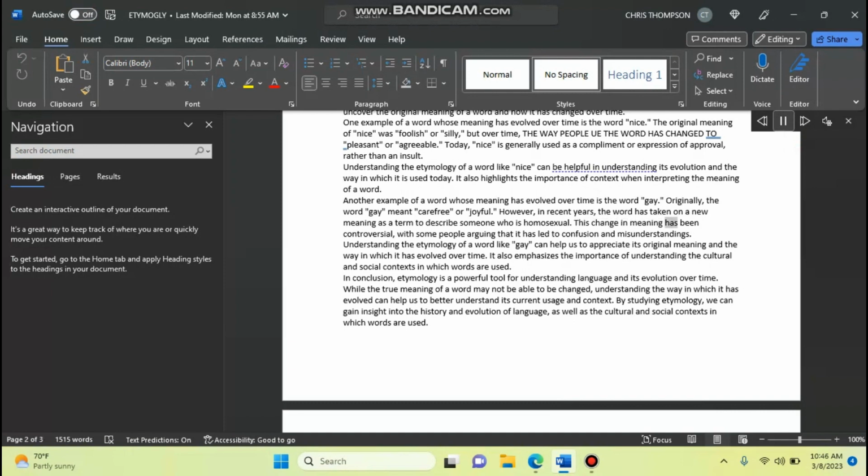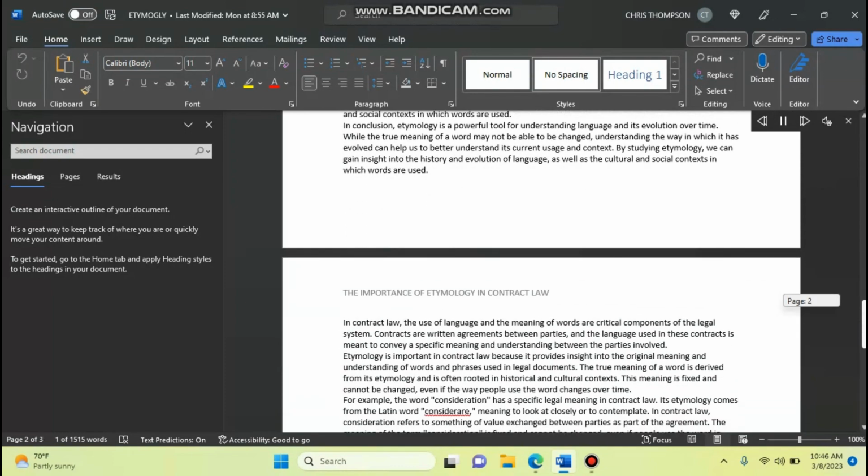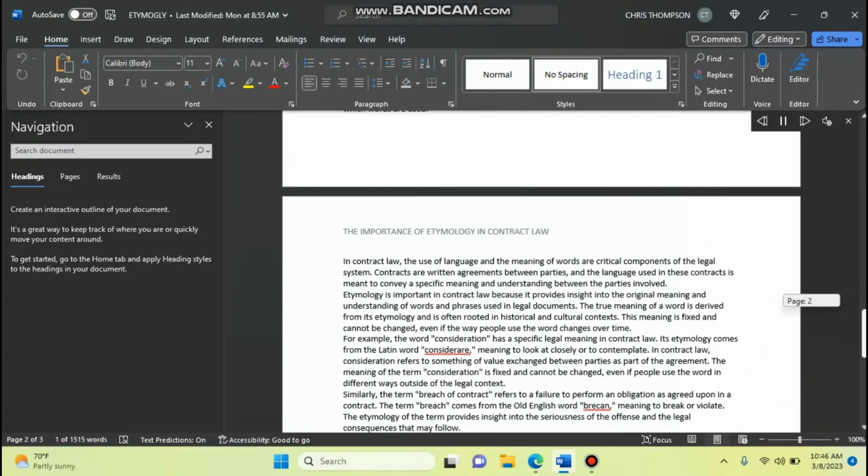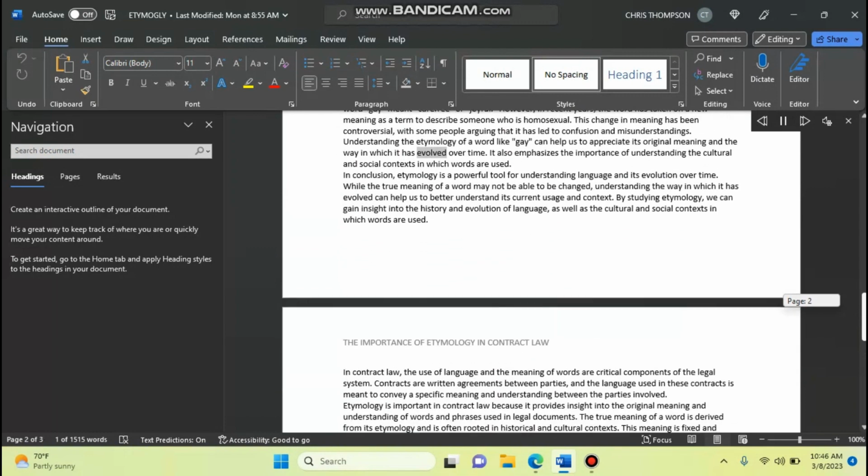This change in meaning has been controversial, with some people arguing that it has led to confusion and misunderstandings. Understanding the etymology of a word like gay can help us to appreciate its original meaning and the way in which it has evolved over time. It also emphasizes the importance of understanding the cultural and social contexts in which words are used.